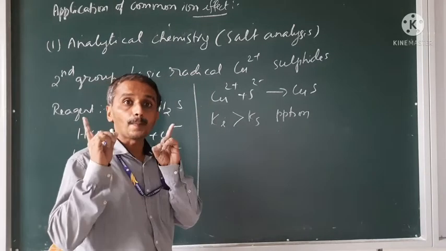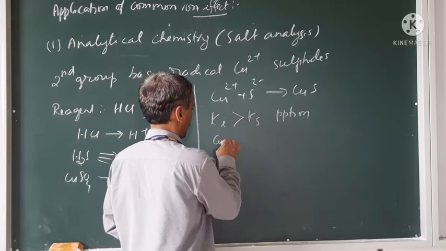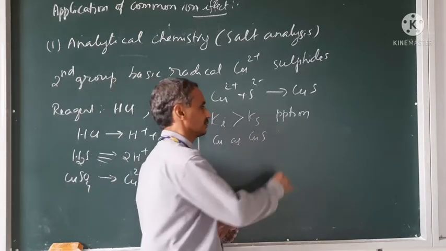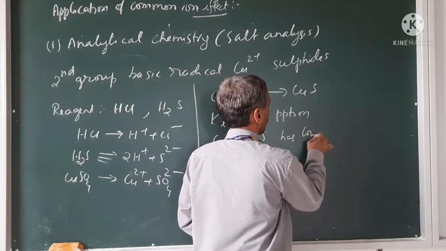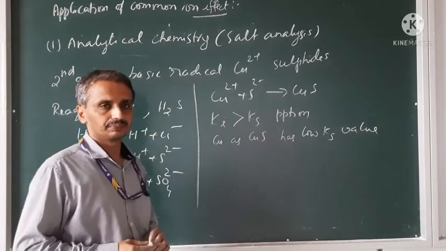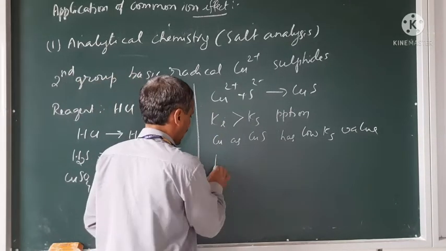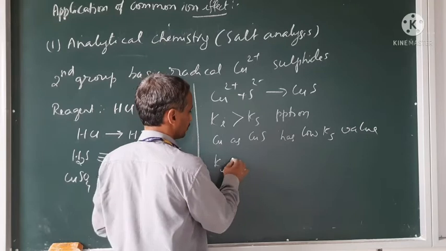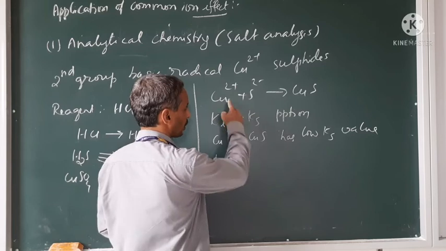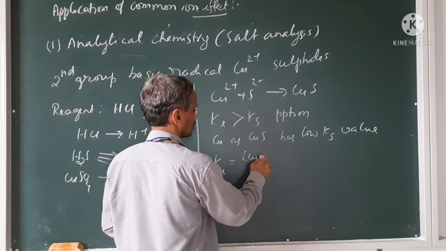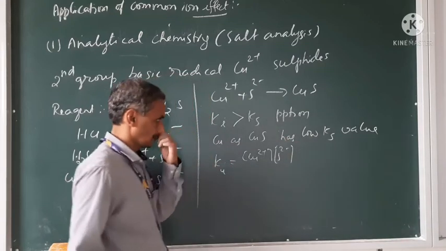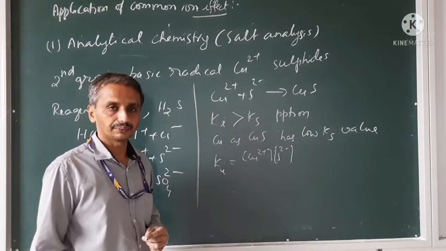And copper as CuS has a low Ks value. And remember here, the ionic product for this will be equal to the product of the Cu2+ and S2- concentrations.